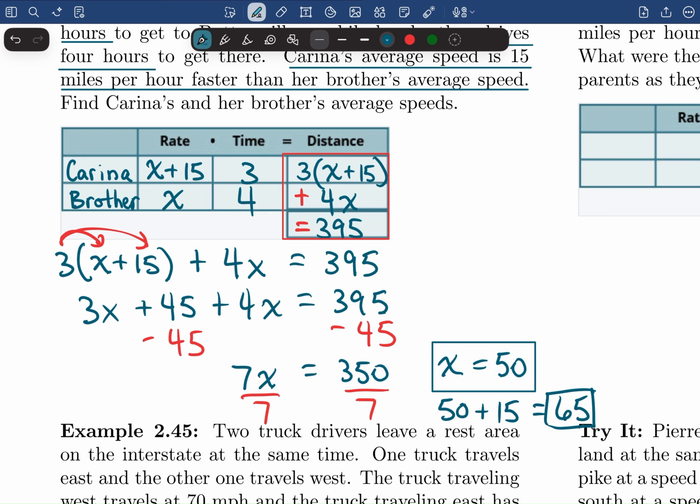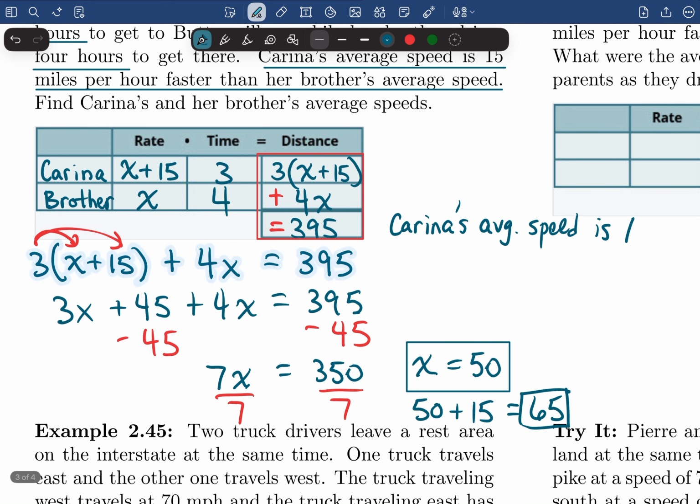Well, let's create a concluding statement now that we know both people's speeds. So Karina's average speed is 65 miles per hour because she was going 15 miles per hour faster than her brother.